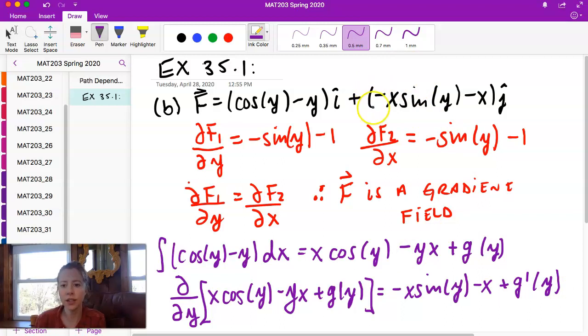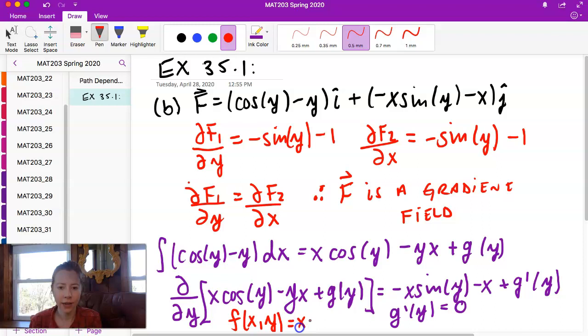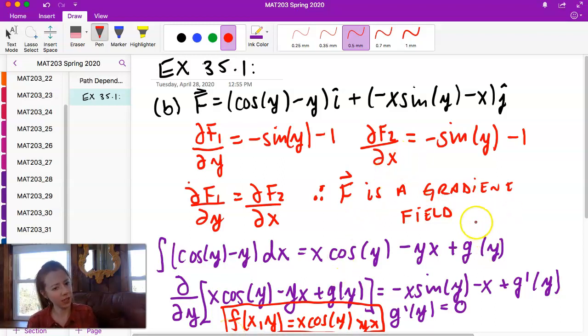This gives us fully our f2 right here, and so g prime of y is 0. Our potential function, f of x and y, is x cosine y minus yx plus whatever constant you want. Okay, so that's our potential function for our gradient field.